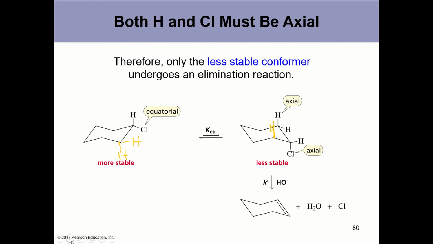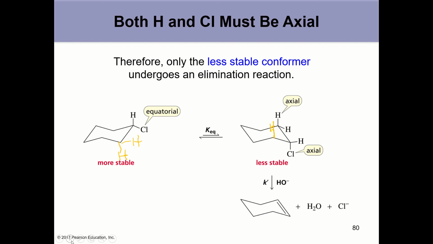So reactions where the chlorine and the hydrogen are axial only in the less stable conformer are going to be longer in time and have a slower rate than reactions where the hydrogen and chlorine eliminated are axial in the more stable conformer.